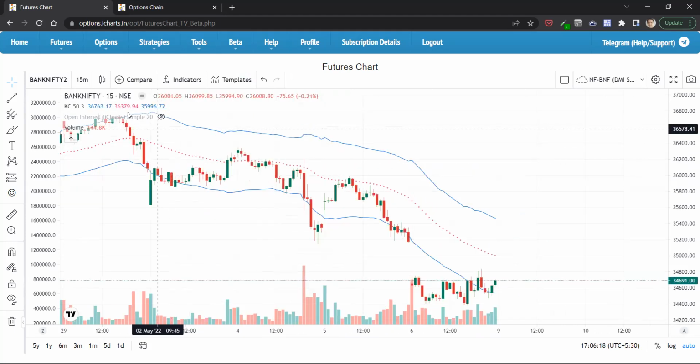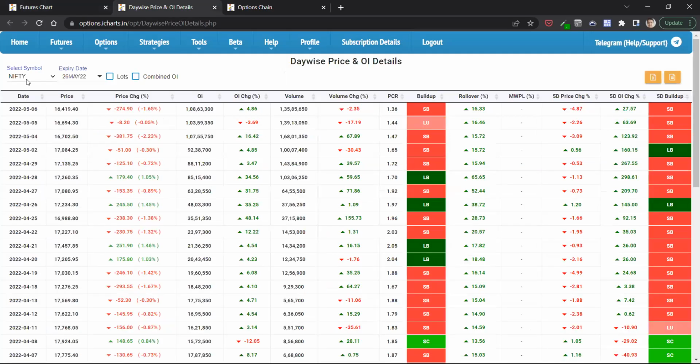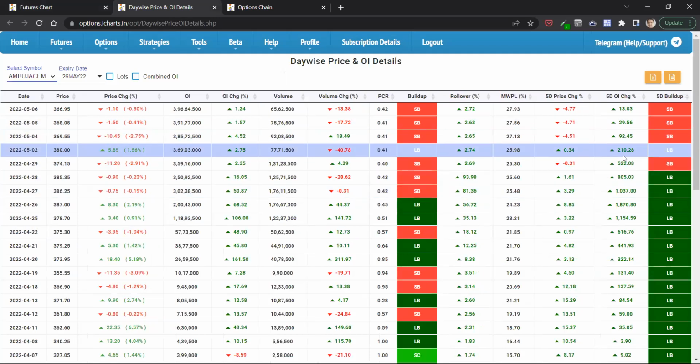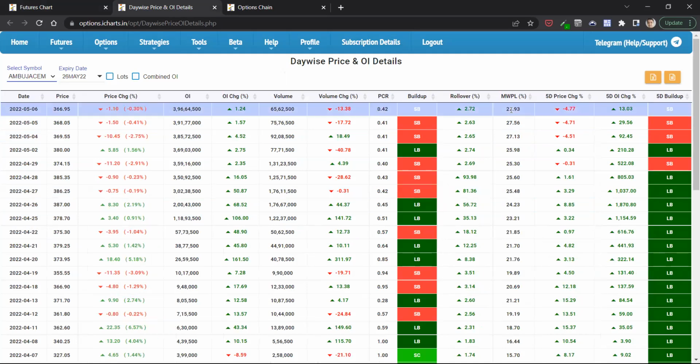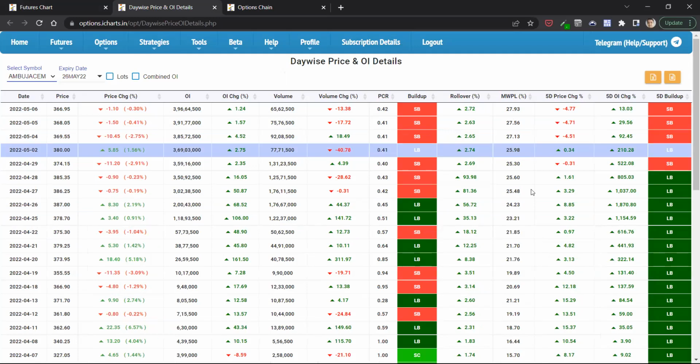The other change was related to this. Day-wise, if you check any particular stock option, we have added rollover, and we have added market-wide participant limit percent.